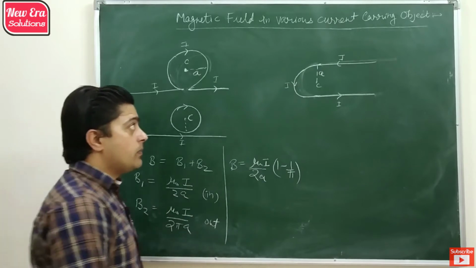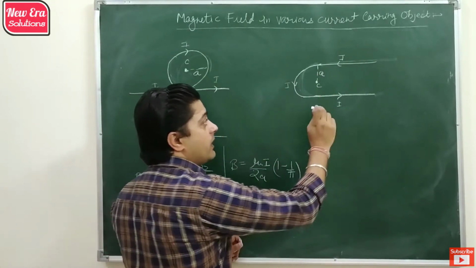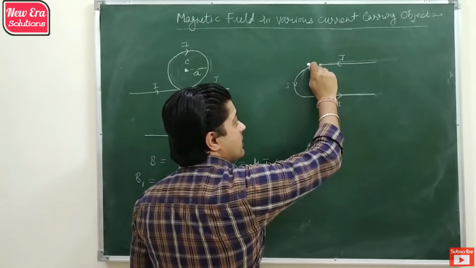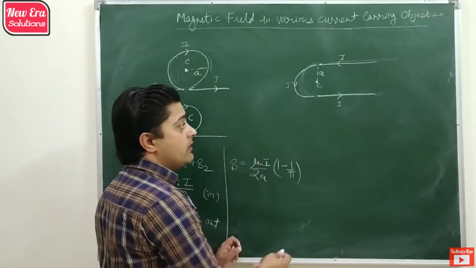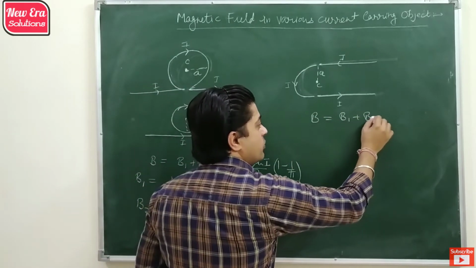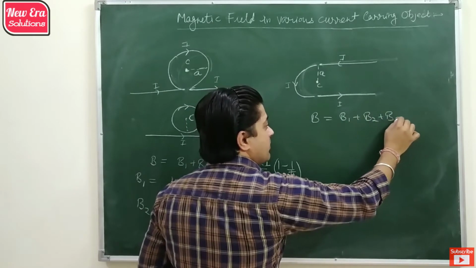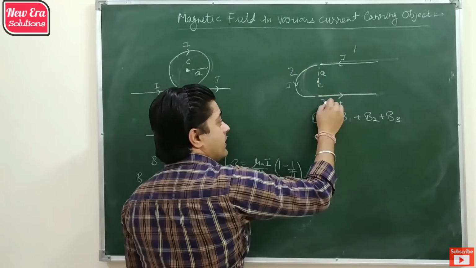In the second example, we have to find the magnetic field at point C. Then we can break this structure into 3 parts: 2 semi-infinite wires and 1 semicircle. Again the total magnetic field is due to the superposition principle applied on these 3 magnetic fields, first, second and third.